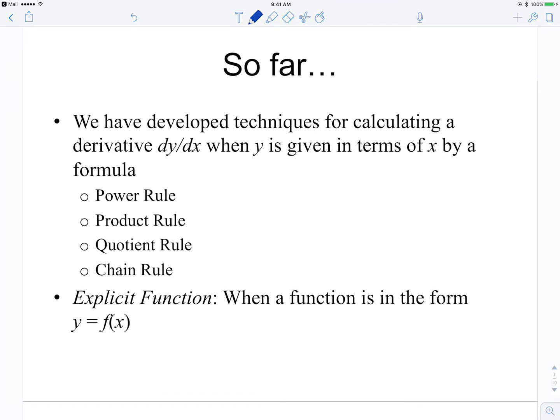Okay, so this is just a summary of what we've done up to this point. To find the derivative of any given function, we've been able to use these different rules to help us find the derivative of a function, dy over dx. But all those were explicit functions where y was defined explicitly in terms of x, just meaning we could get y by itself on one side of the equation.